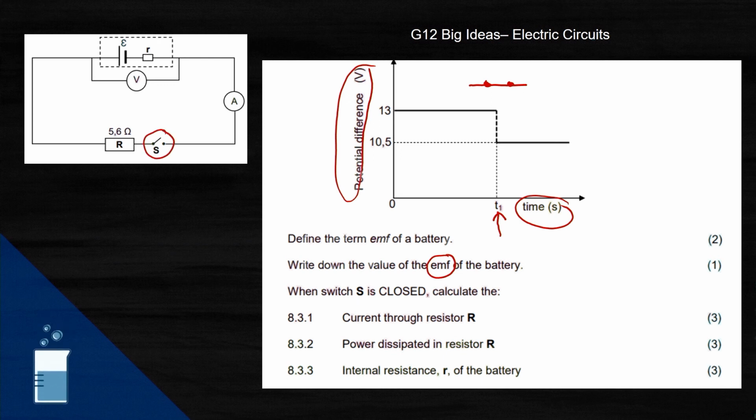If we look at this graph, we can see it there on the y-axis. It is 13 volts. When the switch S is closed, calculate the current through the resistor R, then the power dissipated in the resistor. So let's move on to that.